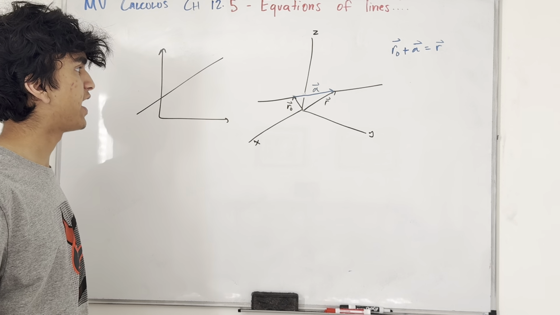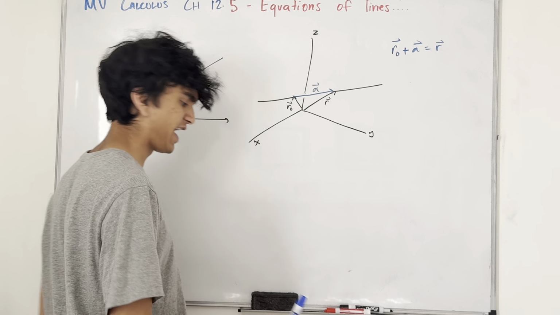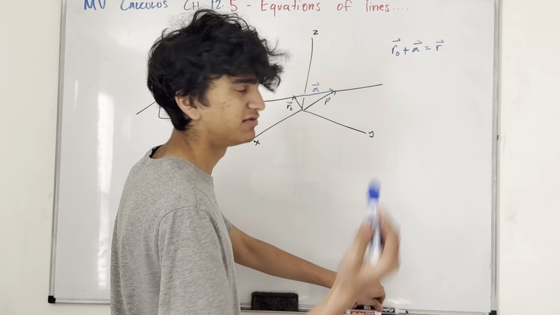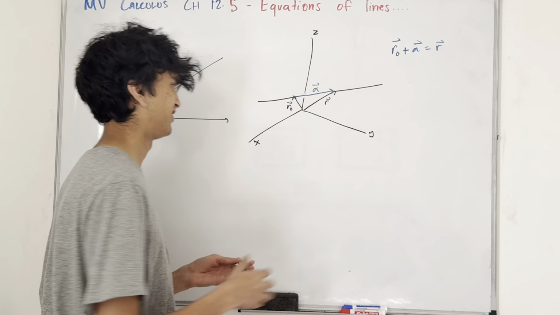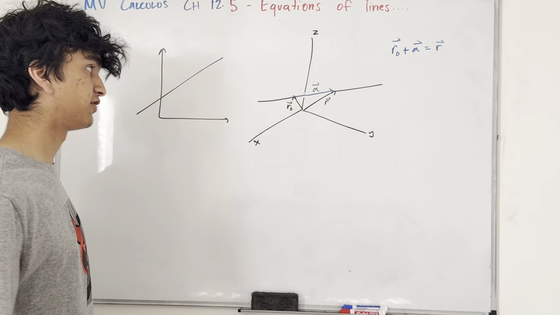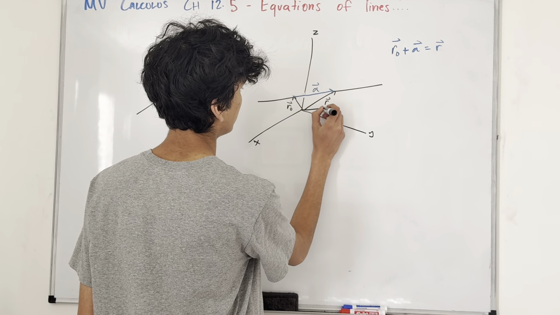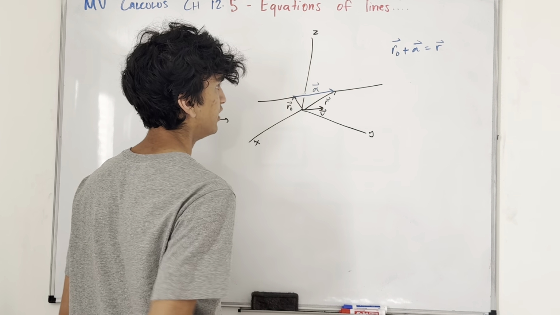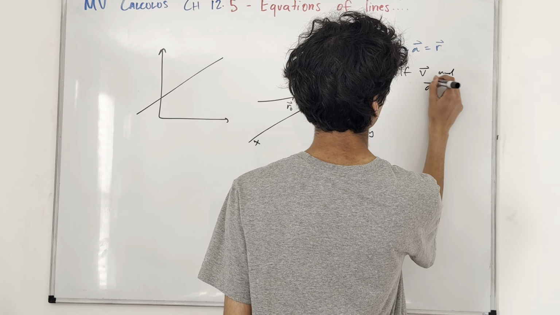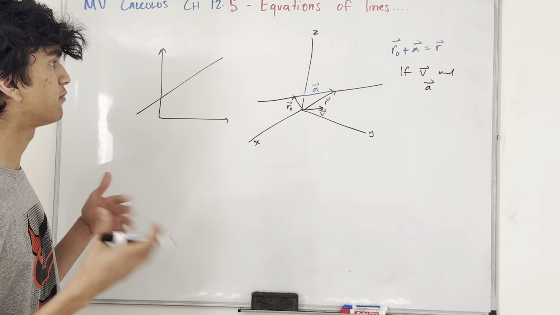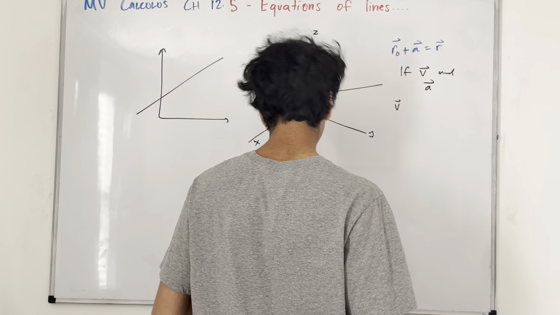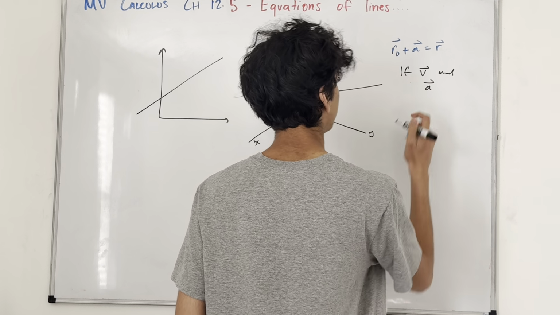Well, this vector A is going to be parallel to some other vector v. And if v and A are truly parallel, that just means A is proportional to v by some scalar.